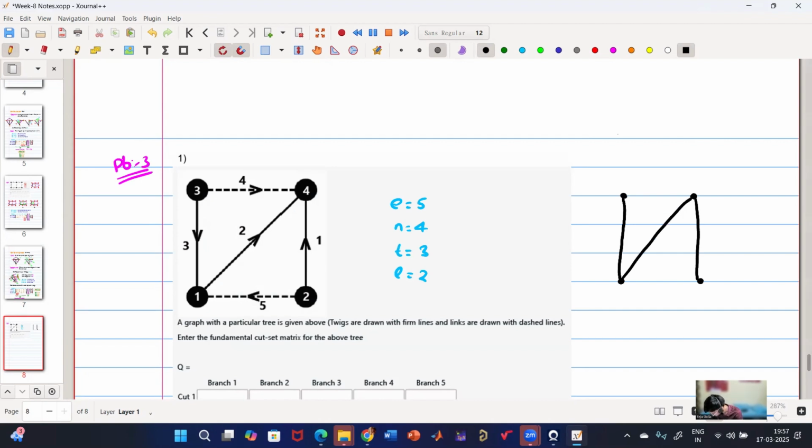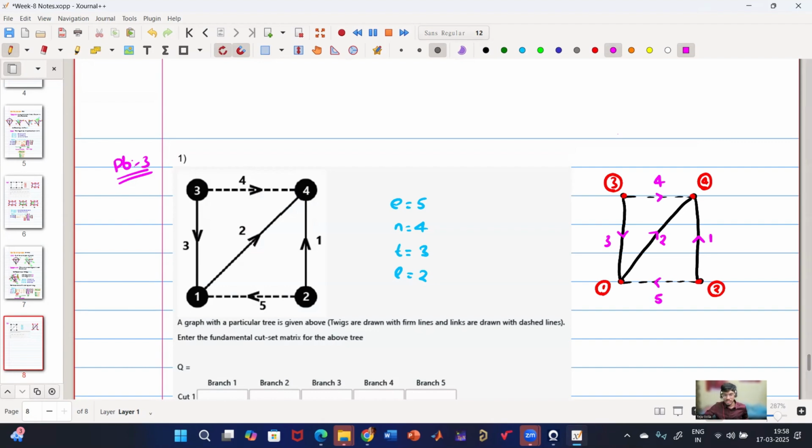So these are the nodes, and we'll put them inside circles so that they can be differentiated from the elements. And let us draw the elements. This is 4, this is 3, this is 2, this is 1, and this is 5.